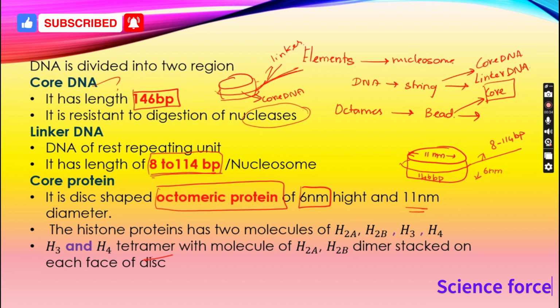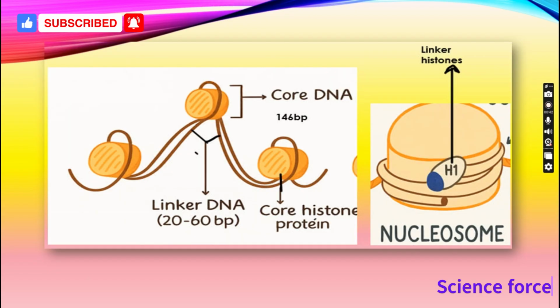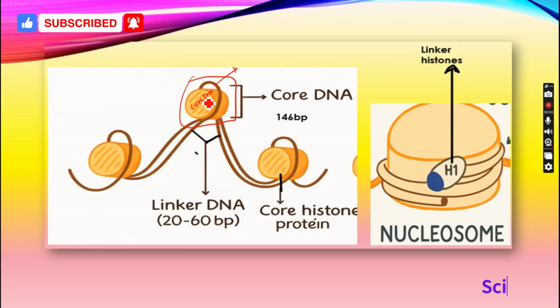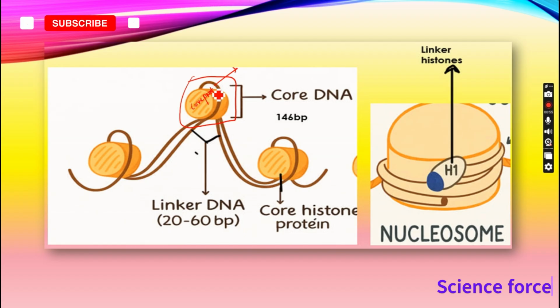This is the structural form of the nucleosome. Here it is a structure. This is the nucleosome structure. This is the core protein. This is the core DNA. Between the two nucleosomes, there is a DNA present, right?